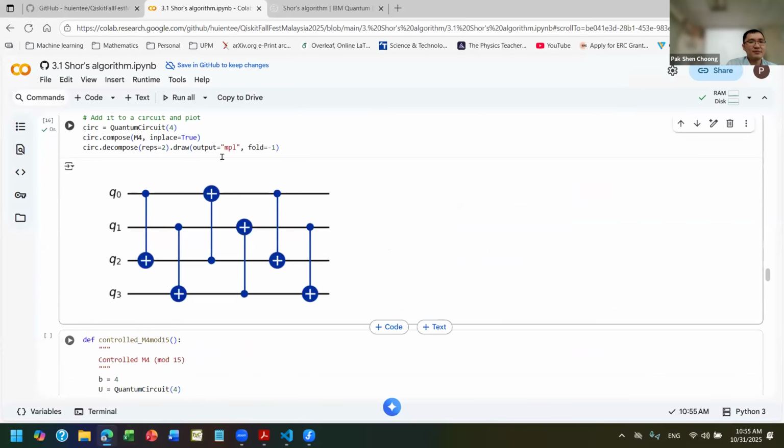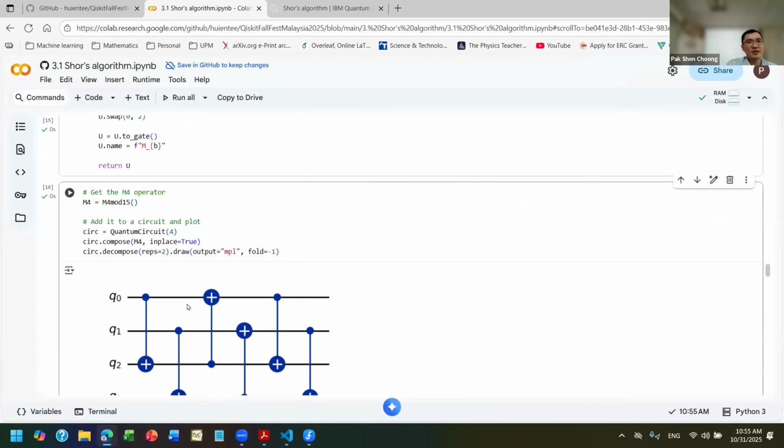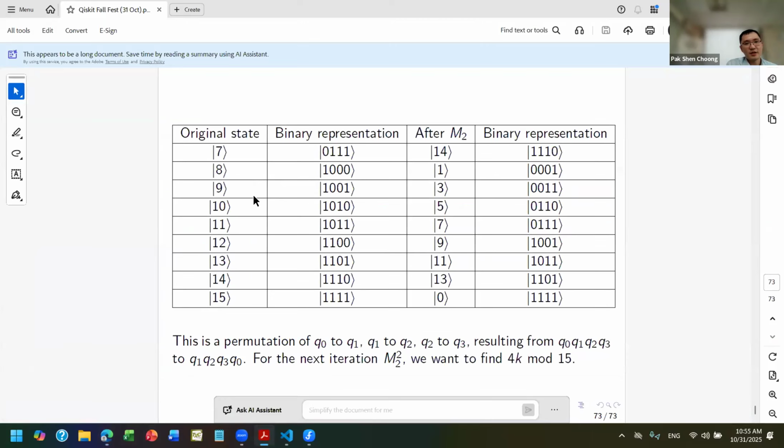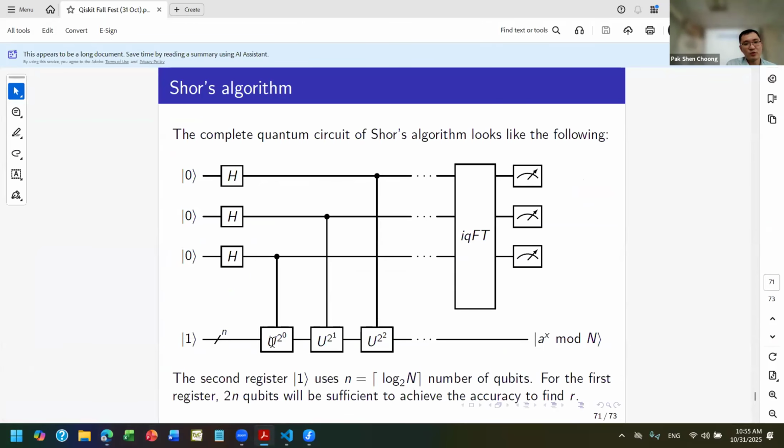So the answer is given by here. And this is what we call the modular exponentiation, because when you go from U to the power of 2 to the power of 0 to the next unitary, it is exponentially larger and larger. So 2 to the power 1, the next one is 2 to the power 2, and so on.